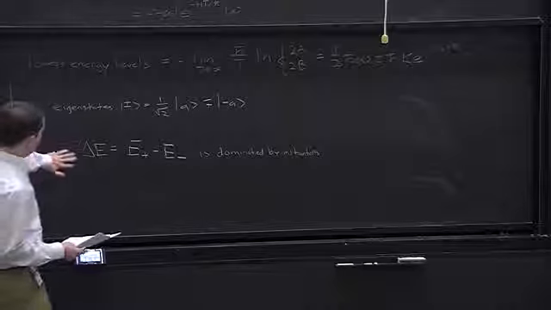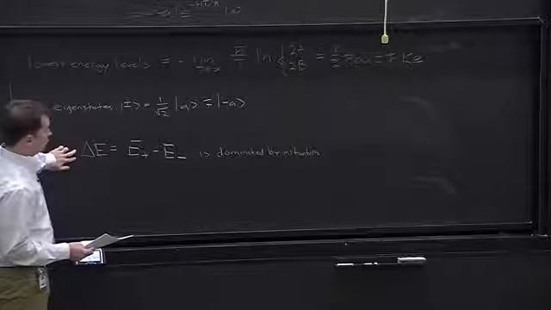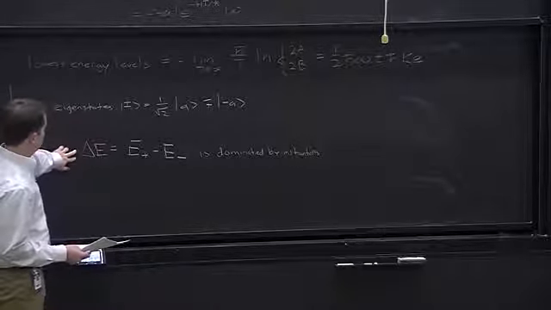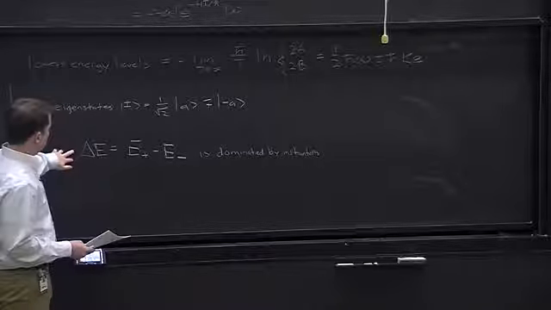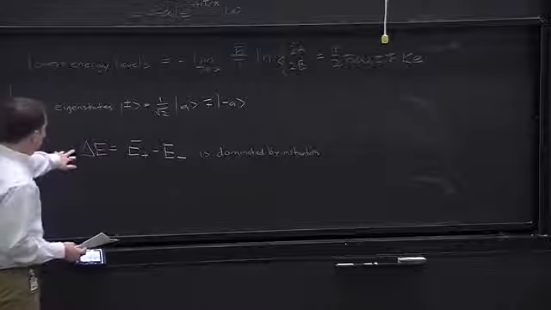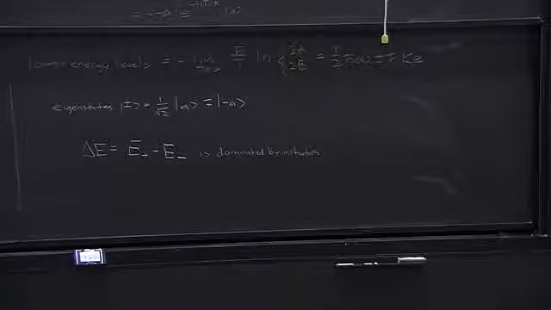So in this case, there are no perturbative corrections to the energy splitting between these two energy eigenstates. If we just use perturbation theory, we'd find delta E is 0 at any order in h bar.